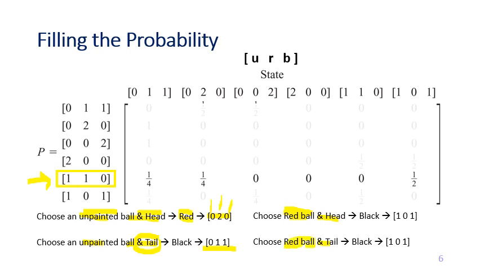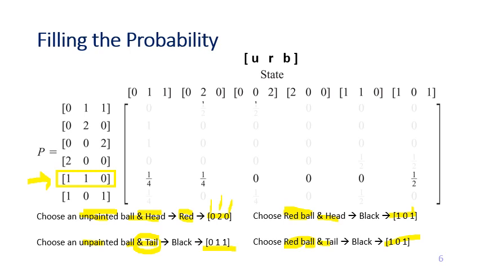You will paint this red ball to become black. So your next state will become 1, 0, 1 and 1, 0, 1 regardless of the coin. One unpainted ball because you did not pick that, and one black ball because you painted black from red.